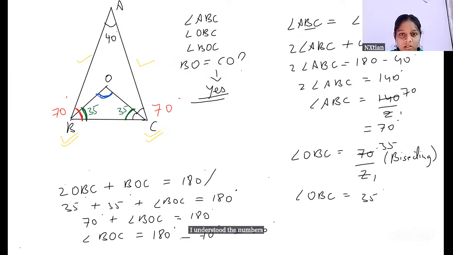I just checked it. All right, so while solving the paper, just read your questions well. Read it twice and then start solving so that you don't miss any part, any number, any value.